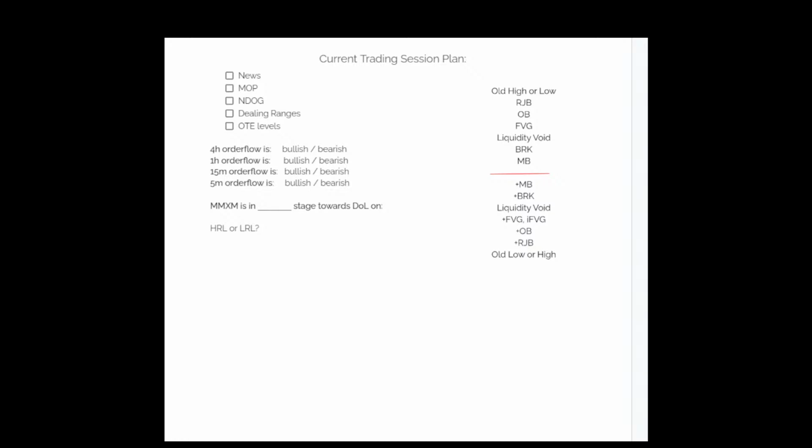Busy enough charts. Let's just move it over to the right. Wait, do we have two of those? We've got two of those.